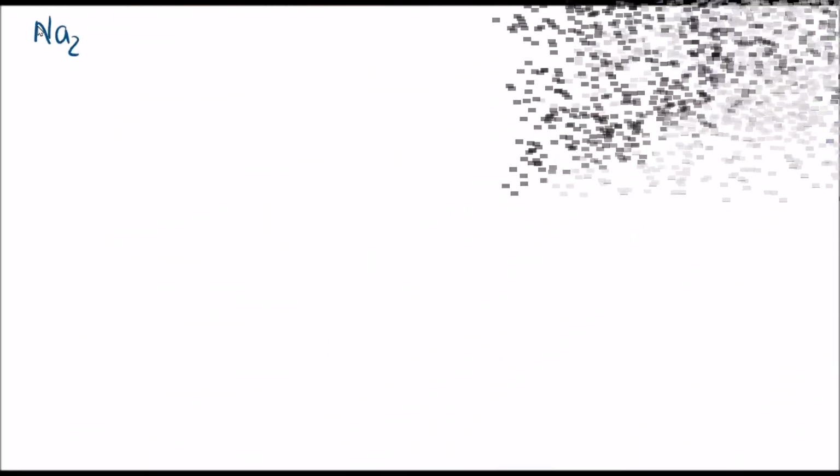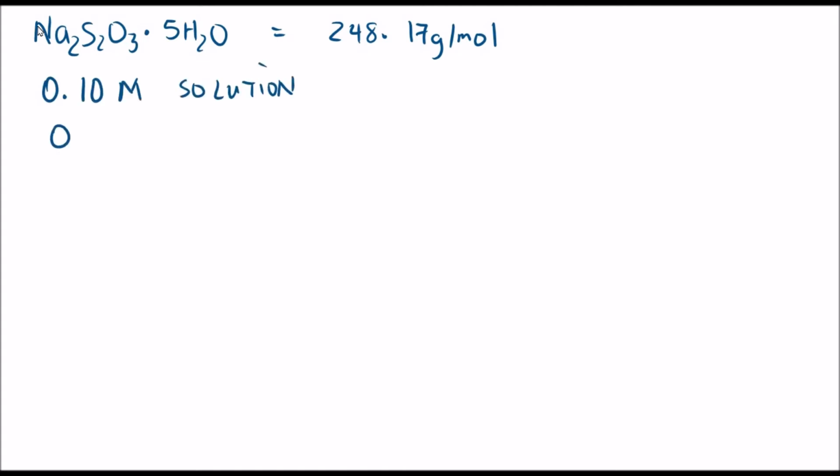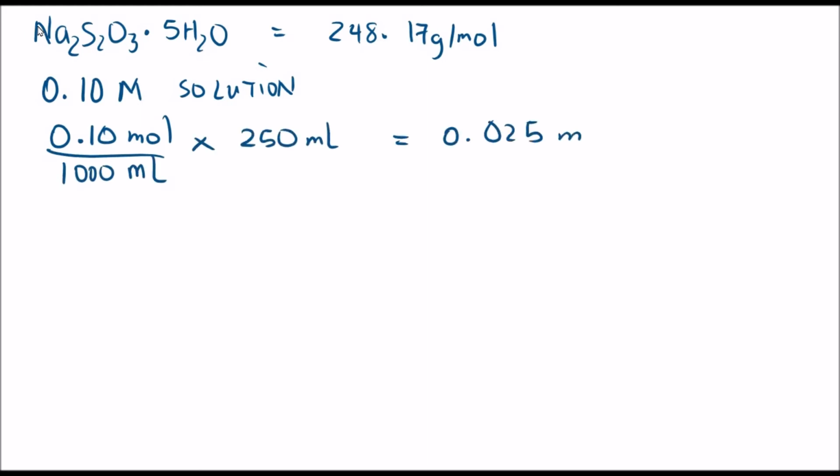To calculate the known molarity of 0.1 molar thiosulfate solution, we need the formula weight. So to make this 0.1 molar solution, we need to find 0.1 molar is 0.1 moles in 1000 ml, and when you convert that to 250 ml you get 0.025 moles.